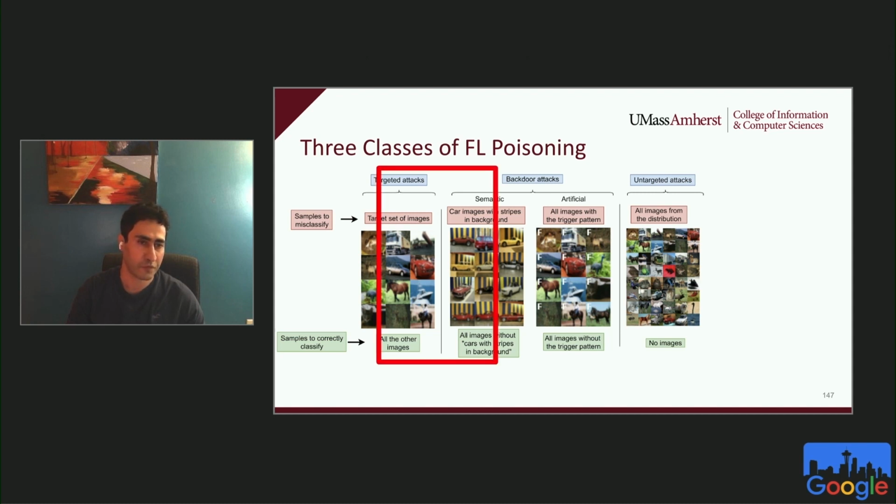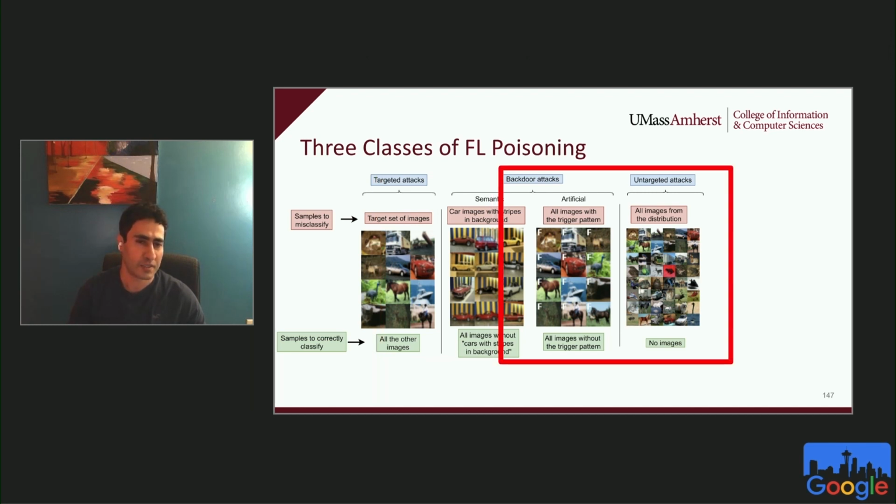The first class are targeted attacks, where the goal of the adversary is to impact the accuracy of the model on a select set of input samples or input sample class.